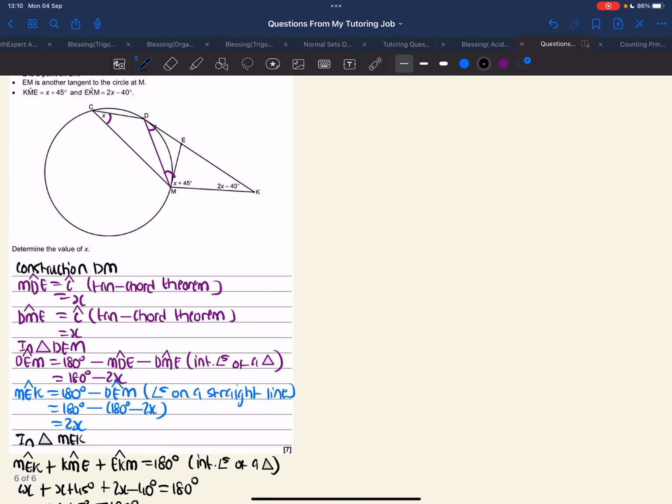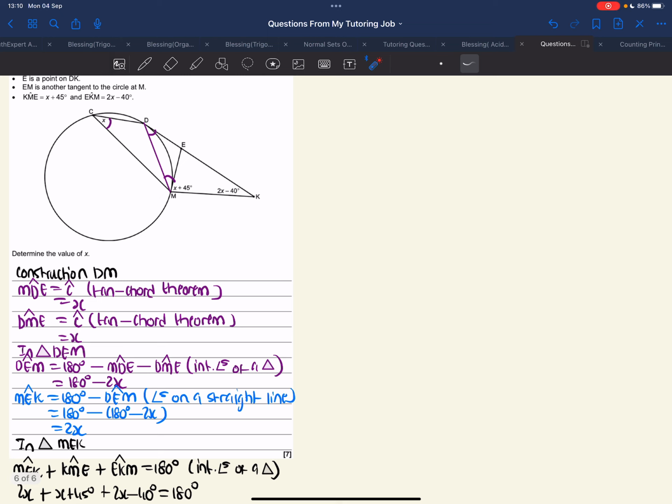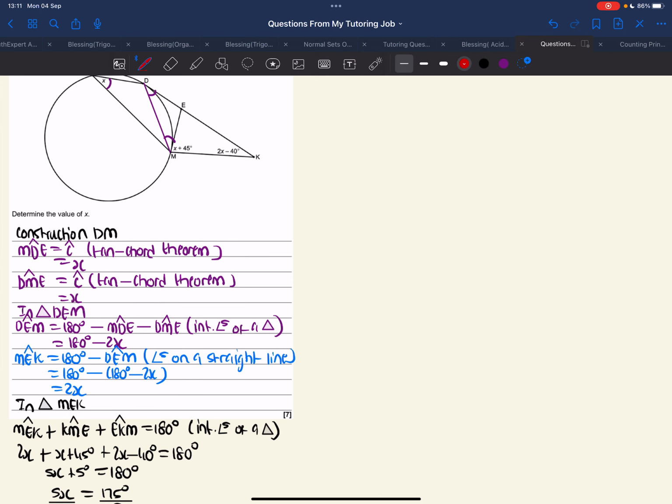The way that I went about it was adding those angles to equal 180 to find x. But you could have actually used the exterior angle of a triangle. Remember DEM, we found it to be 180 minus 2x.